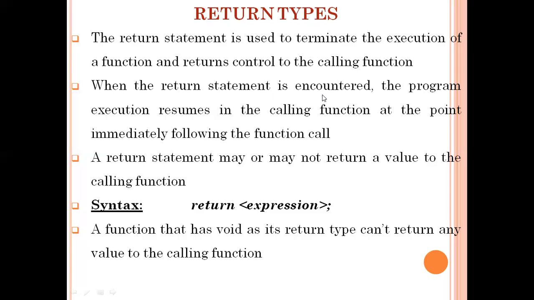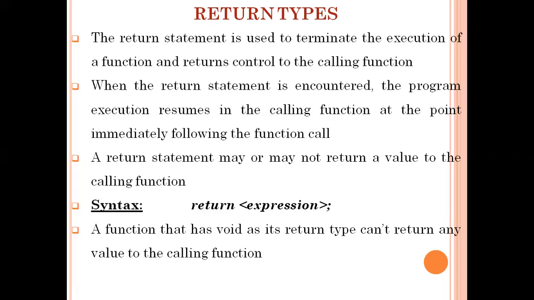When the return statement is encountered, the program execution resumes in the calling function at the point immediately following the function call. The function call statement is placed in the calling function definition. When it is executed, the program control is transferred to the definition or body of the called function, and the execution of the calling function stops.